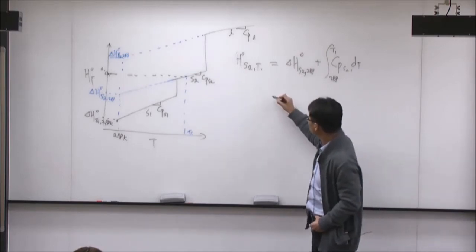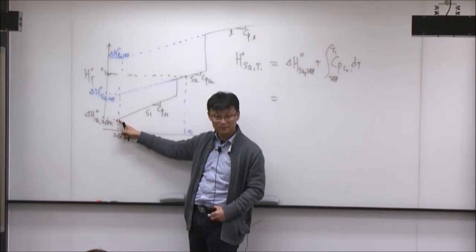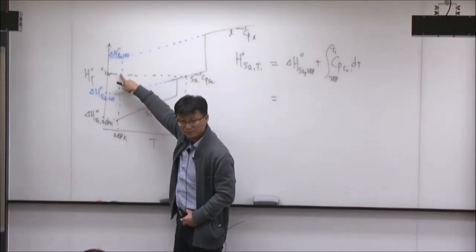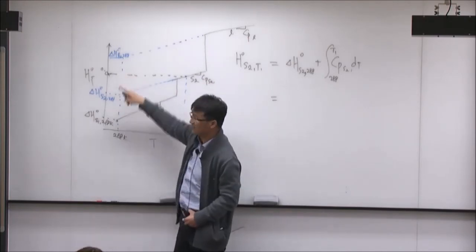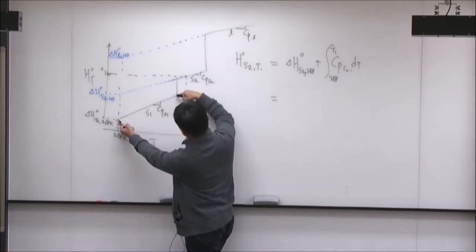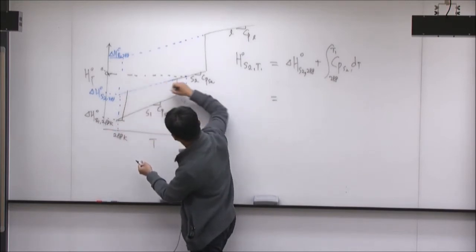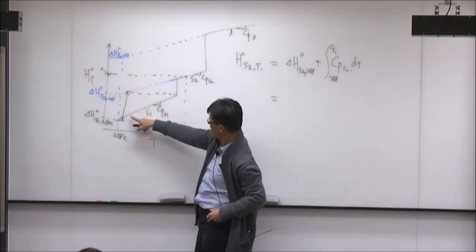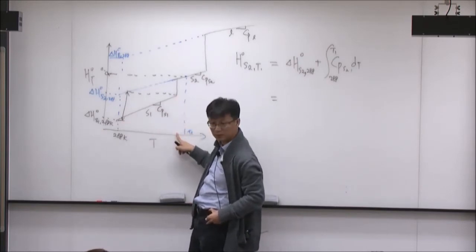Second one. Most of the time this information is available. So now I want to start from here and calculate this one. One thing we can think about is going from here to here. Up to this point, the difference is the integral of Cp of S1 from 298 Kelvin to the transition temperature.